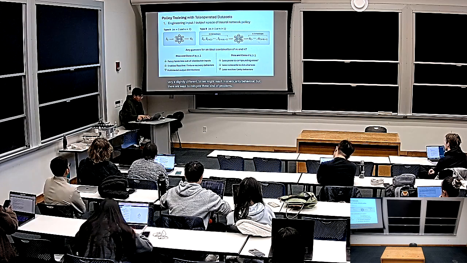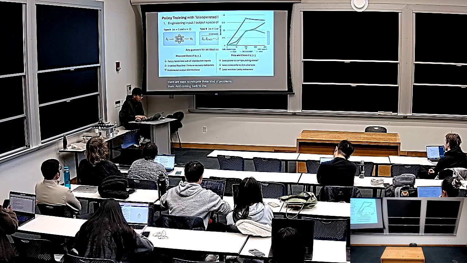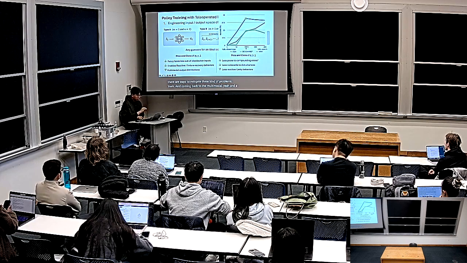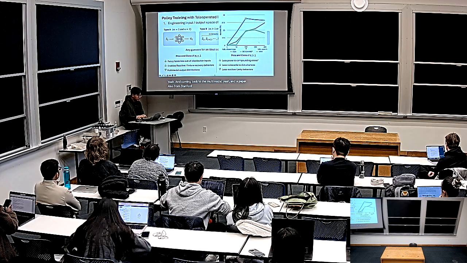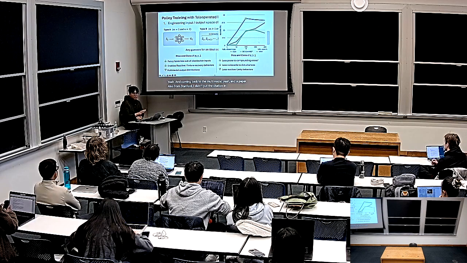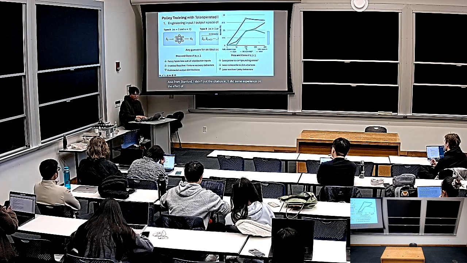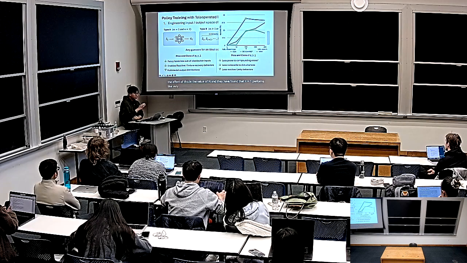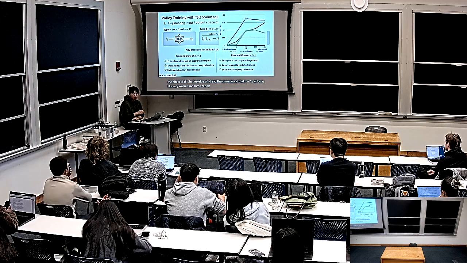And coming back to the multimodal, a paper also from Stanford, I didn't put the citation in, did some experiments on the effect of the value of n, and they found that n equals 1 performs much worse than a larger number, n equals 100, for example.